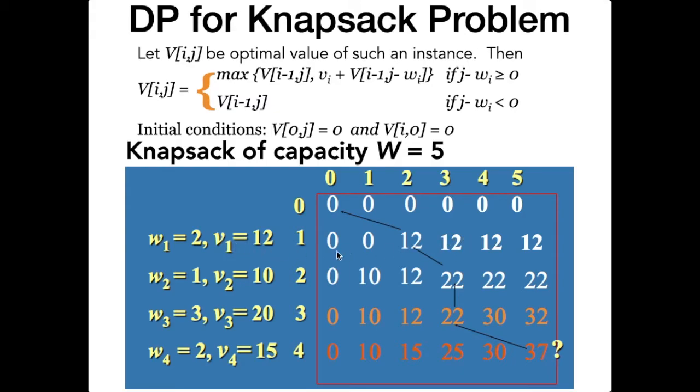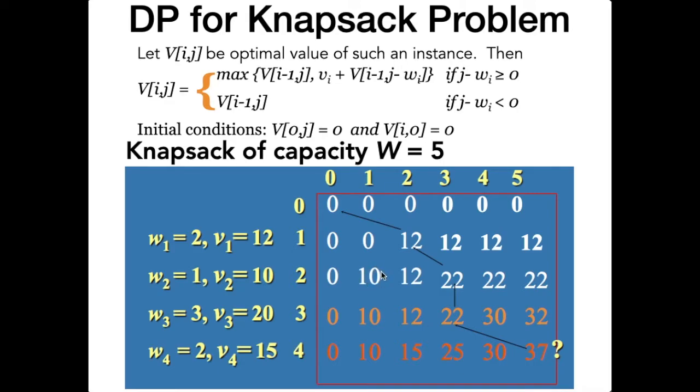This case is somewhat trivial because we only have one item. So, even if the capacity grows, if only item 1 can be placed, the optimal solution will be to include item 1. So, we have 12. That's its value. Okay? And then, moving on to the second item. Suppose we now see item 1 and item 2 and our capacity is 1. Okay?